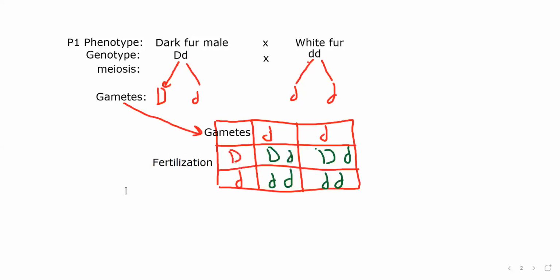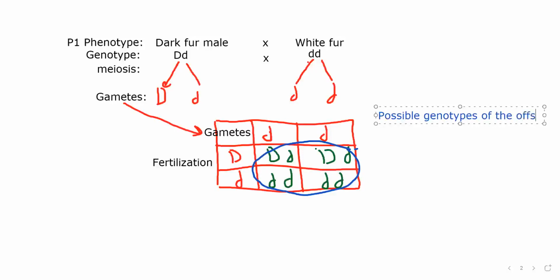Now, next, we ask ourselves, what do these actually represent? These that you have here represent the possible genotypes of offspring. In this case here, we're talking about the first generation offspring. I'm saying the possible.